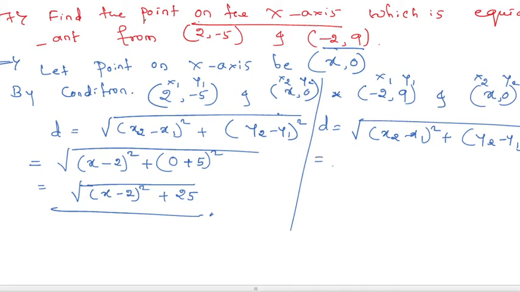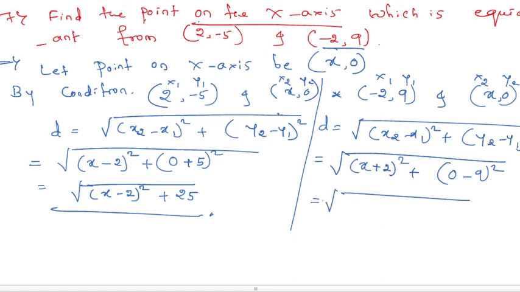Which is equal to square root of x2 value x minus x1 minus minus plus, (x plus 2) whole square plus y2 value 0 minus y1 value 9, (y minus 9) whole square, which is equal to square root of (x plus 2) whole square plus 9 square, value is 81. This is the distance between these 2 points.